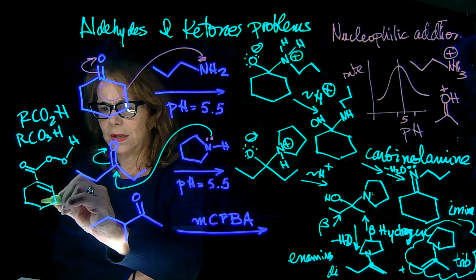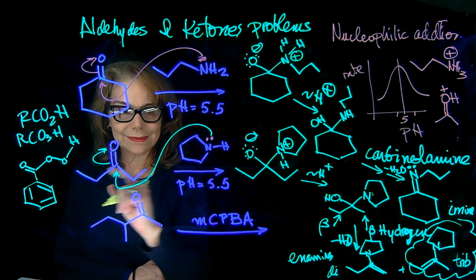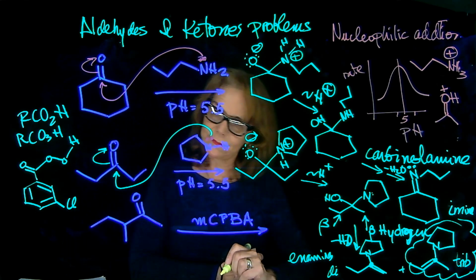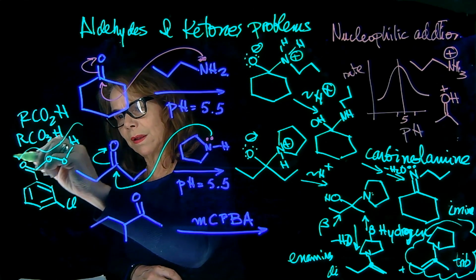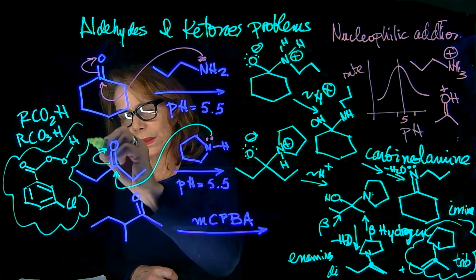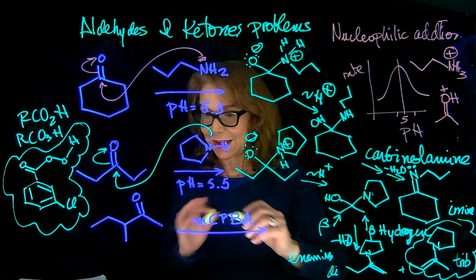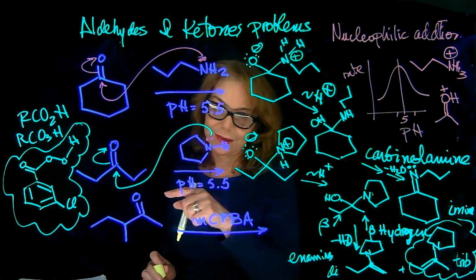Here it is. So this is perbenzoic acid, metachloro, we have a chlorine here. And what this does is a Baeyer-Villiger oxidation. So essentially, it will insert an oxygen on this side or that side.